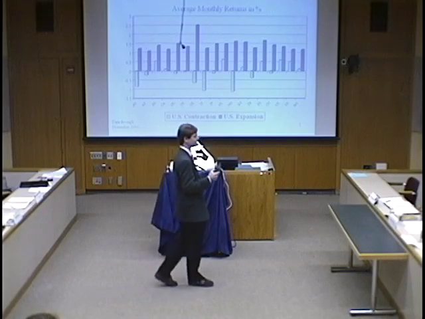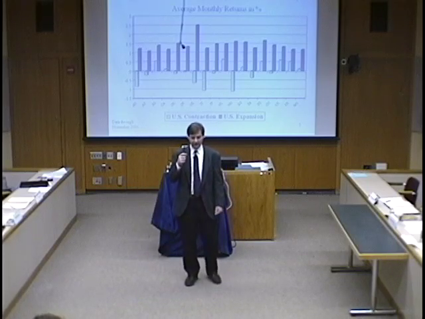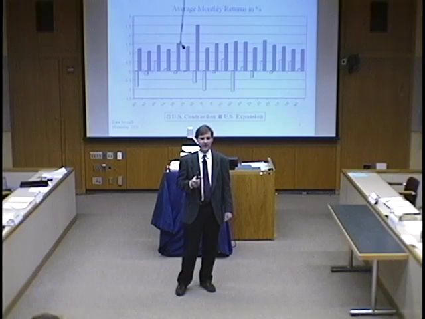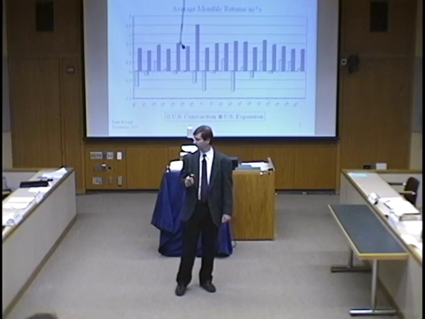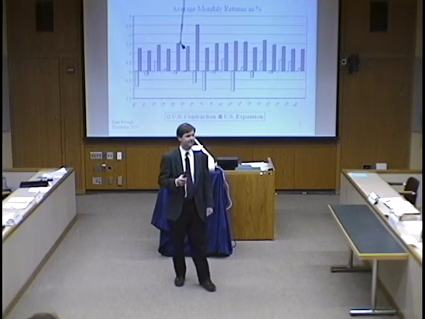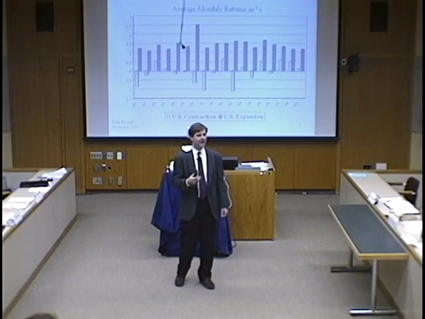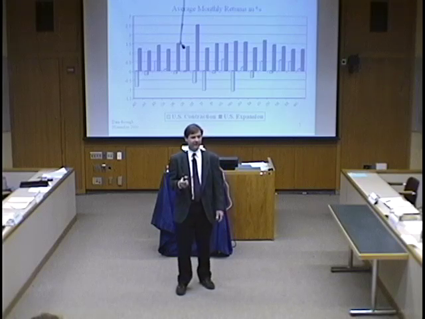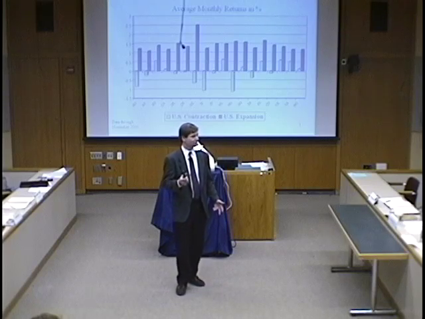The election, Clinton versus Bush. Is that November 1991? Is that correct? 92. 92. One of the major issues in that election was the state of the economy. President Bush at that time basically said that the recession was over.